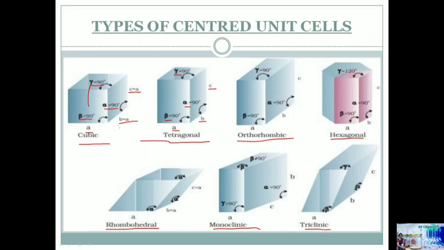Next, come to the orthorhombic crystal system. In the orthorhombic crystal system, you can see here A is not equal to B is not equal to C, right? Then what are the interfacial angles or axial angles? Alpha is equal to beta is equal to gamma is equal to 90 degrees. Then what are the examples?